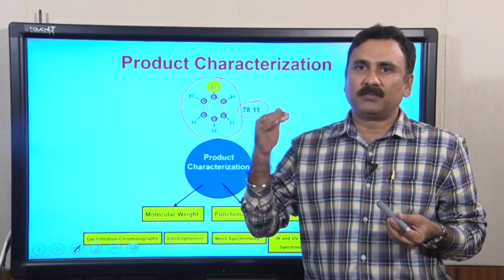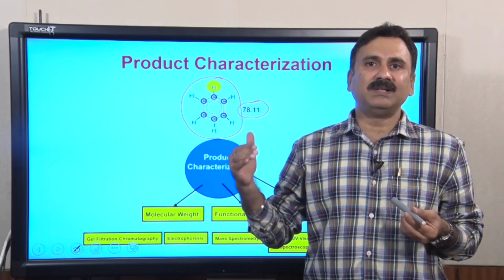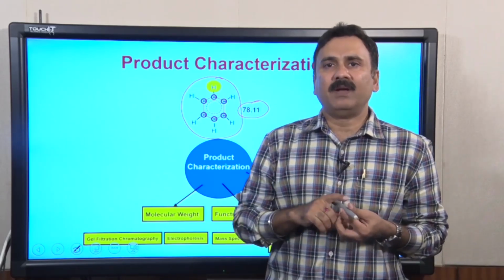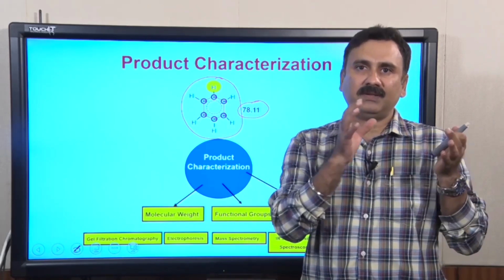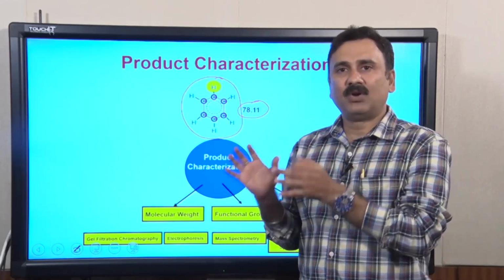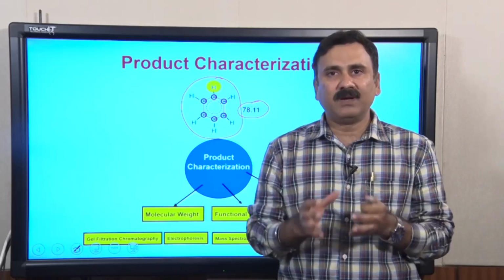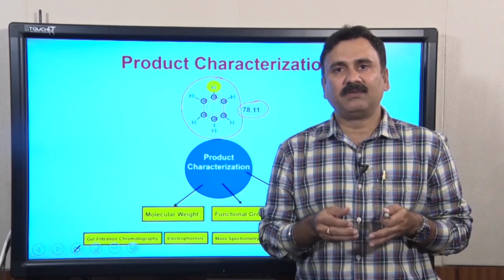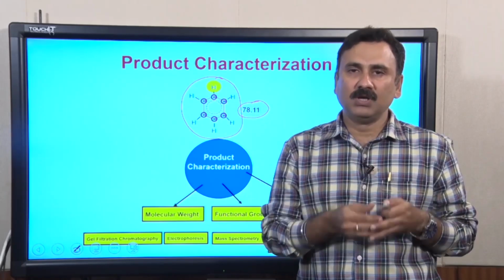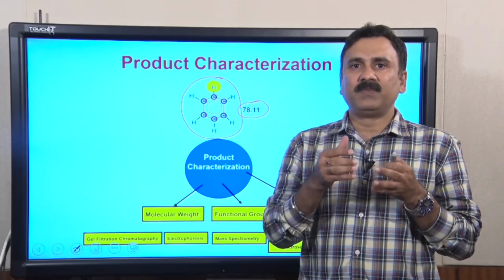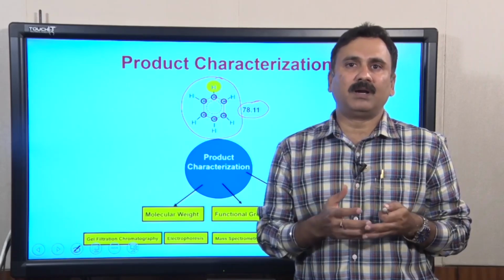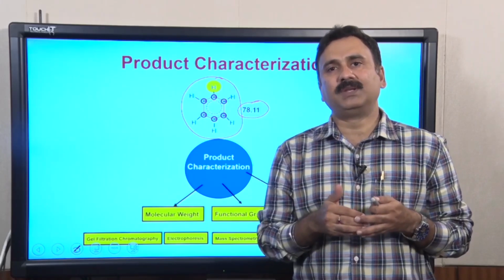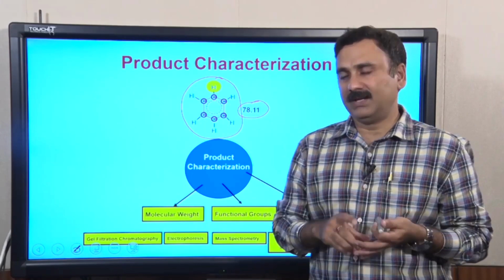The product is always characterized by a specific set of guidelines. Whether it is a small molecule or a macromolecule, you have different properties which can be used for characterization, and which can be used very confidently to say that whatever you have purified from the host cells is of good quality.